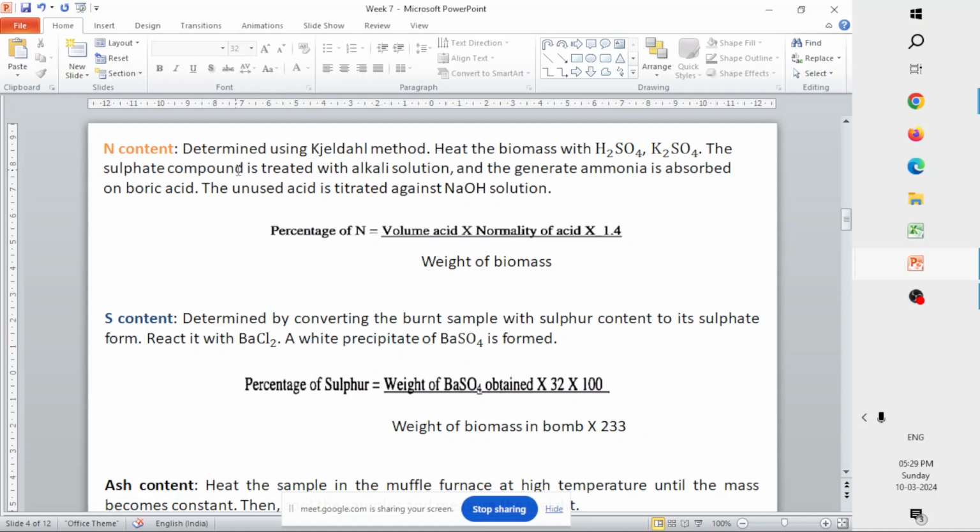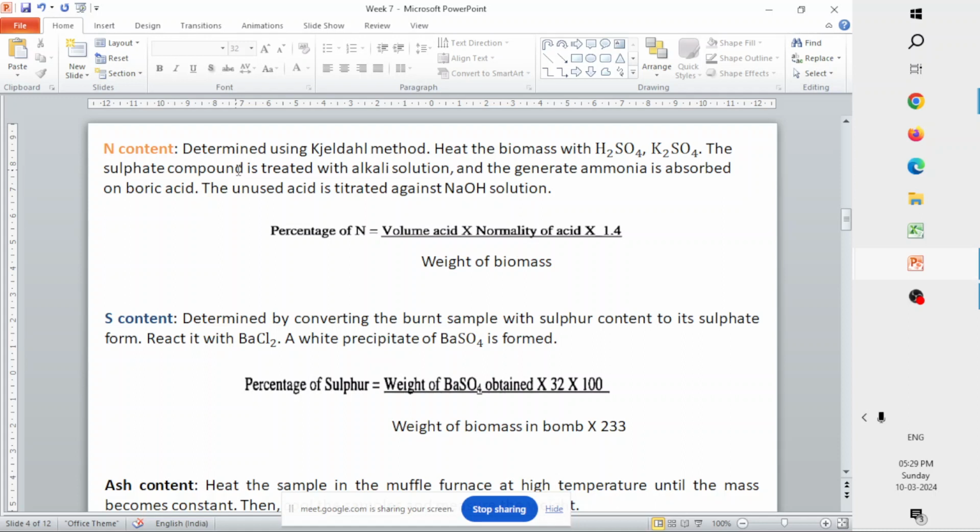The nitrogen present in your sample will react with them, forming a sulfate component. This sulfate component will then react with an alkali solution like sodium hydroxide or potassium hydroxide, and they will generate ammonia. The ammonia is absorbed by acids like HCl or boric acid and forms again ammonium sulfate.